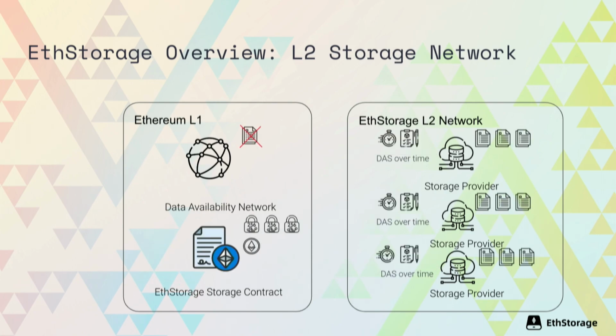Once a node receives the data, uploaded and downloaded from Ethereum layer 1, it will perform the data availability sampling over time so that it is able to prove the local storage it holds over time, even though the data will be pruned after 18 days.